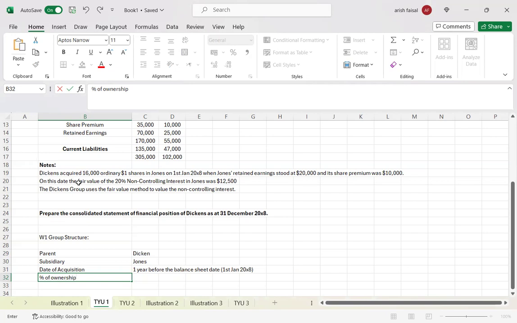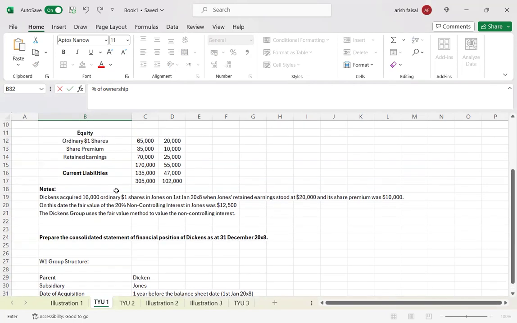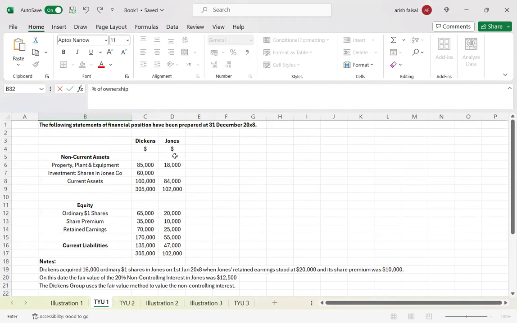Now, Dickens has acquired only 16,000 ordinary shares, whereas if you see the share capital of Jones, it has 20,000 shares. Why? Because the nominal value per share is $1. So 20,000 divided by $1 gives you 20,000 shares. But in case this would have been $0.5 nominal value or par value, then it would have been 20,000 divided by 0.5 and you would have got 40,000 shares.